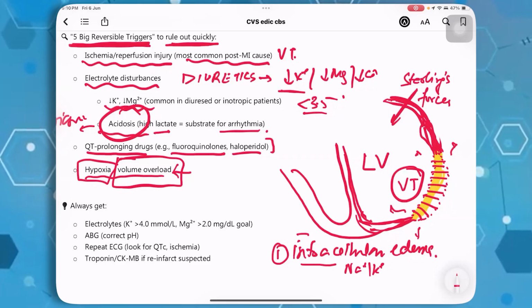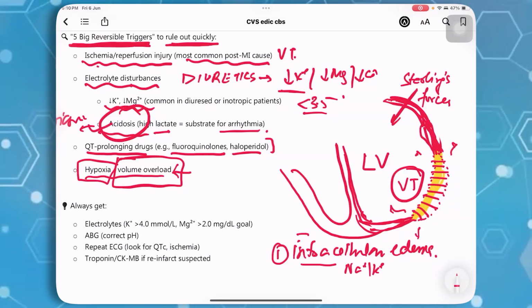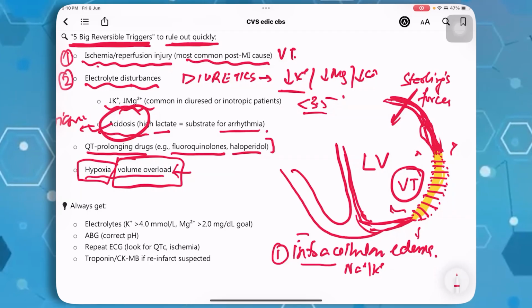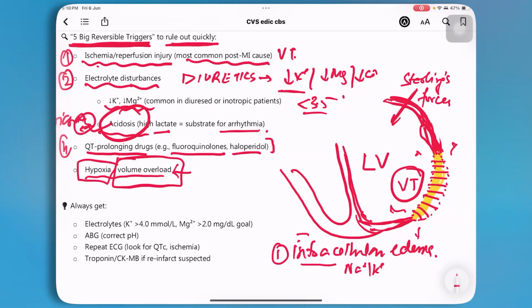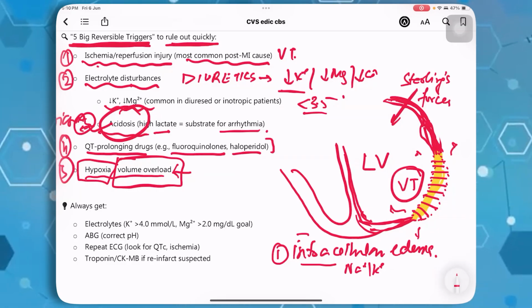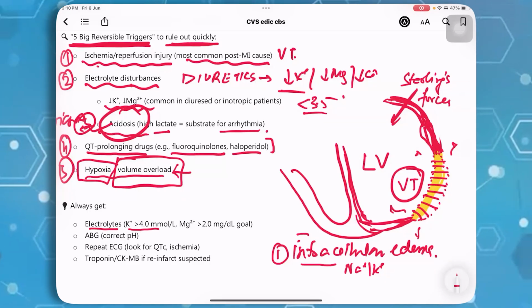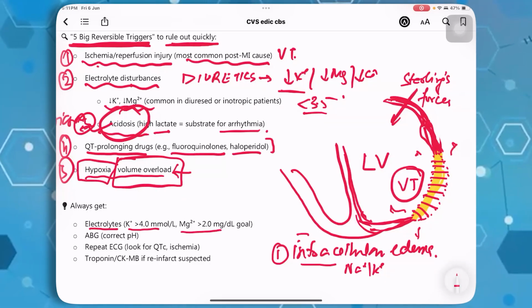So these are the major features: ischemia, electrolyte imbalance, acidosis. One is ischemia, second is electrolyte, third is acidosis, fourth is drugs, and fifth is hypoxia and volume overload, which are the five big reversible triggers for ventricular tachycardia. So always get your electrolytes, keep your potassium more than 4, magnesium more than 2.